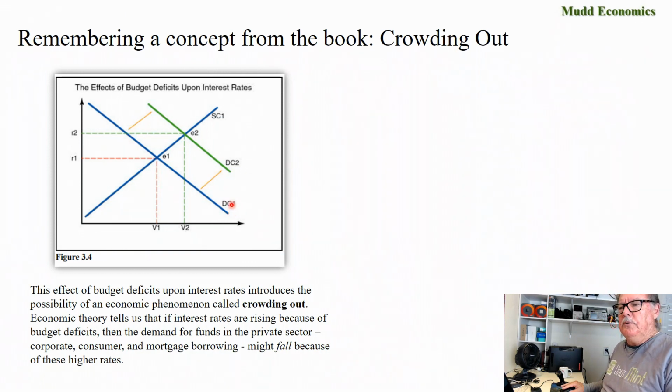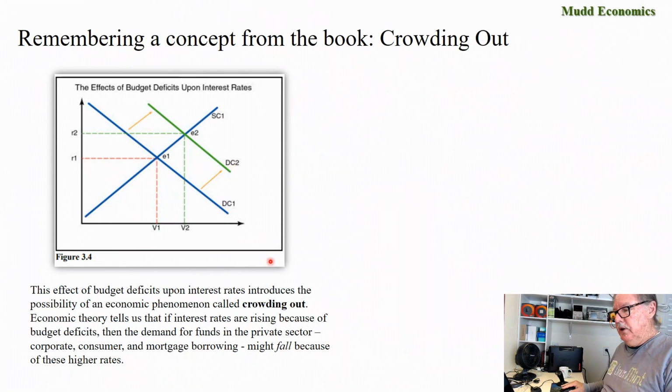Then we do something to increase the budget deficit, and that moves the demand for credit out from DC1 to DC2. It produces a new market clearing equilibrium interest rate, E1 to E2, and it raises the interest rate from R1 to R2. Now, to show the effect of crowding out that results from running this deficit, again, DC1 is assuming no deficit, DC2, demand for credit 2, shows the effect of the deficit.